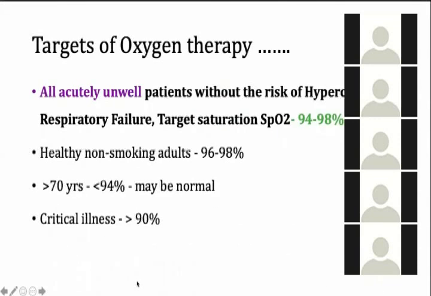Okay, so that is why I wanted to talk about these targets. When you're talking about oxygen therapy targets, we need to talk about those type of patients who have a respiratory drive with oxygen as well. Because when you give a lot of oxygen to those people, what would happen to their respiratory drive? Lack of oxygen is the stimulant for them, isn't it?